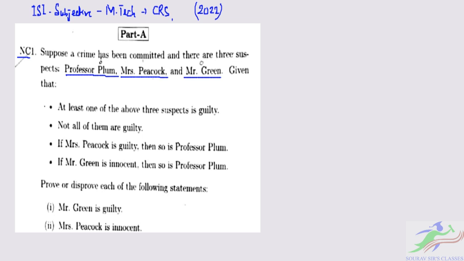So given that at least one of the above three suspects is guilty, not all of them are guilty. If Mrs. Peacock is guilty, so is Professor Plum. And if Mr. Green is innocent, then so is Professor Plum.